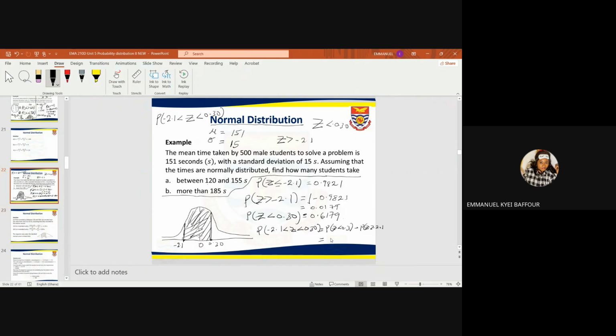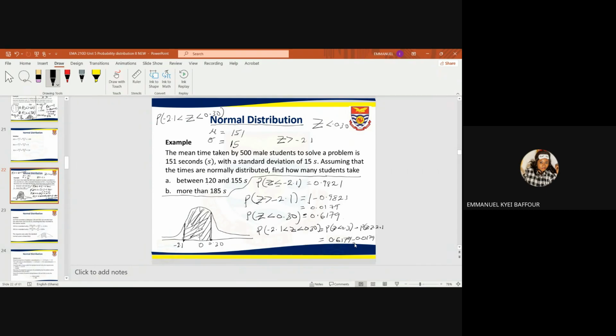And that is equal to 0.6179 minus 0.0179.